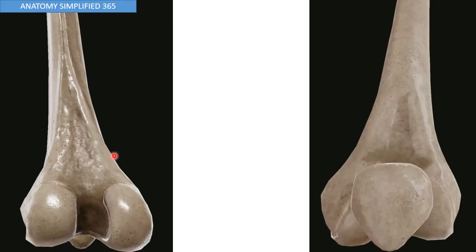When you look at the femur distally, this is what you see. Here, this intercondylar fossa is clearly shown. It's right here, and then the intercondylar line surrounds it.